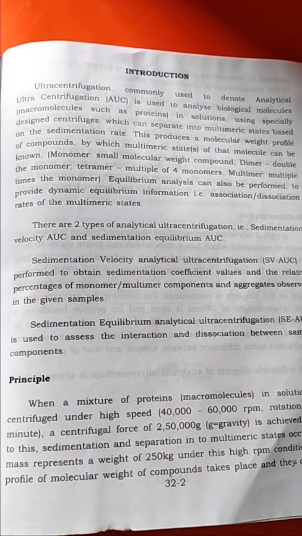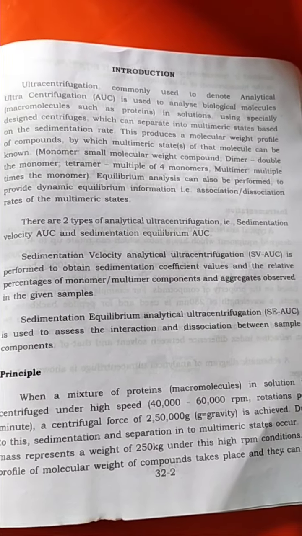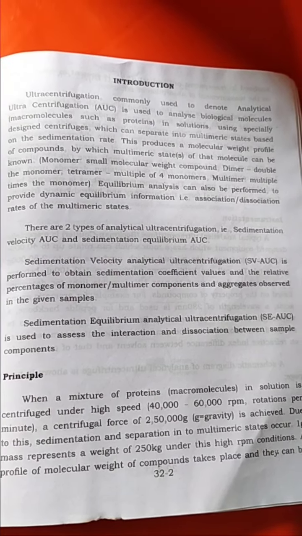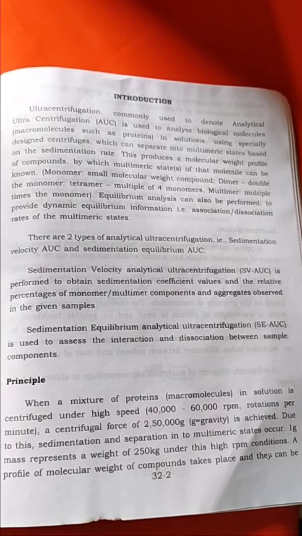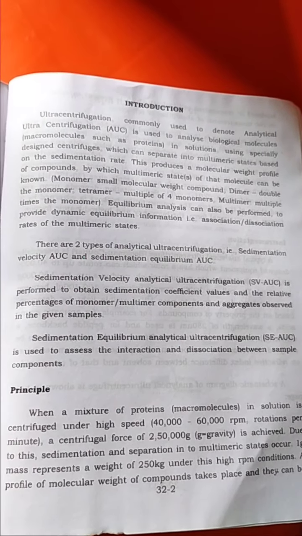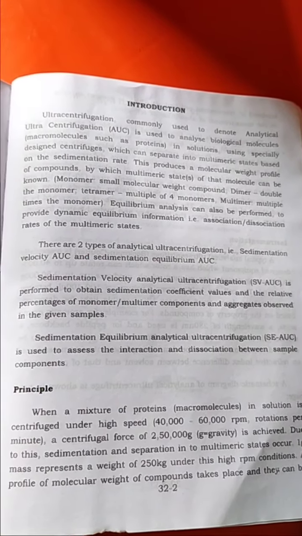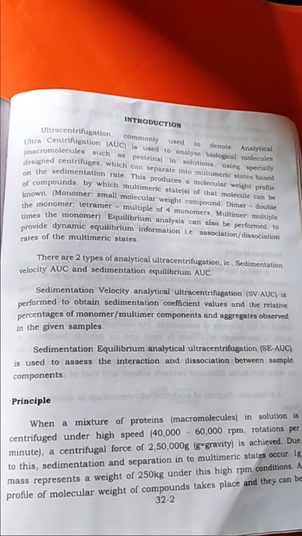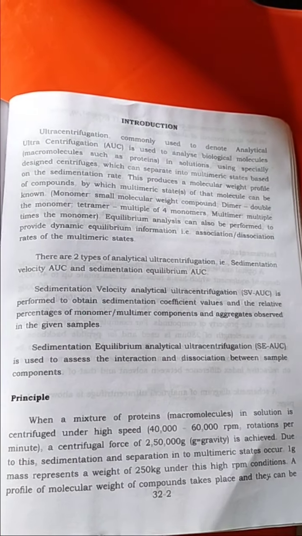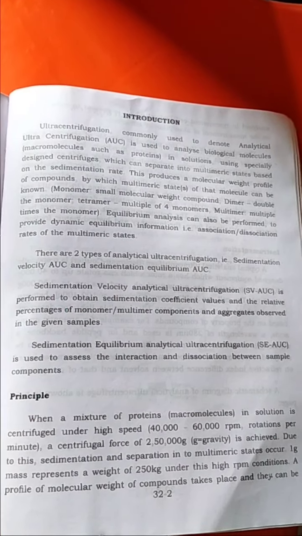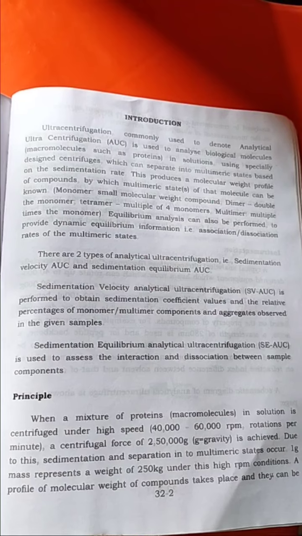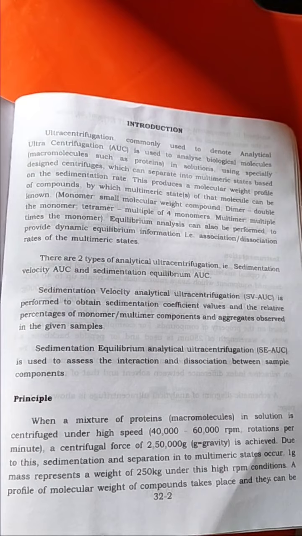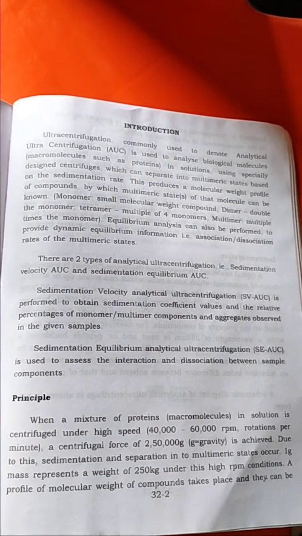Principle of ultracentrifugation: when a mixture of proteins in solution is centrifuged at high speed, like 40,000 to 60,000 rotations per minute (rpm), a centrifugal force of 250,000 g is achieved.